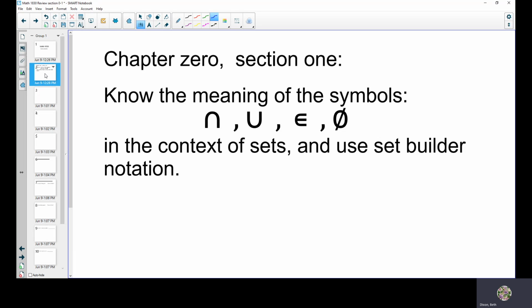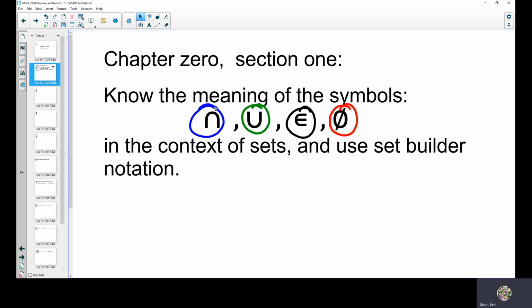So this is 0.1. The first thing we need to know is the meaning of the following symbols. The first symbol looks like an upside down U. The second symbol looks like a U. The third symbol looks like a funky E. And the last symbol is a 0 with a line through it.